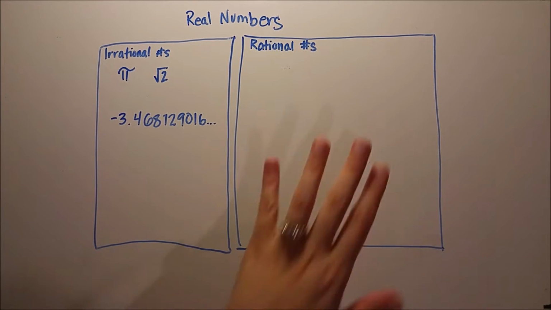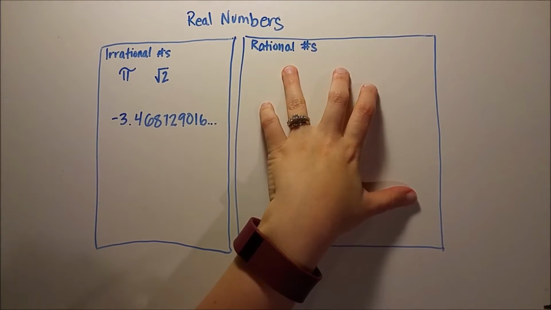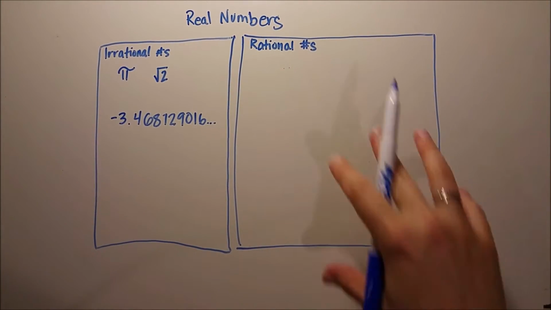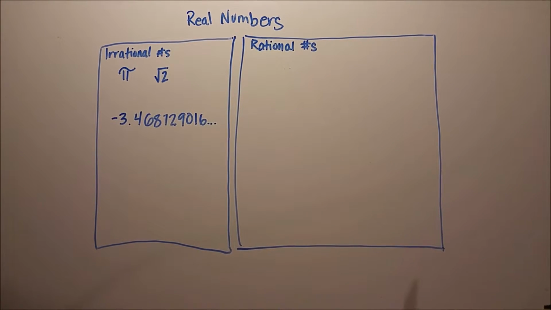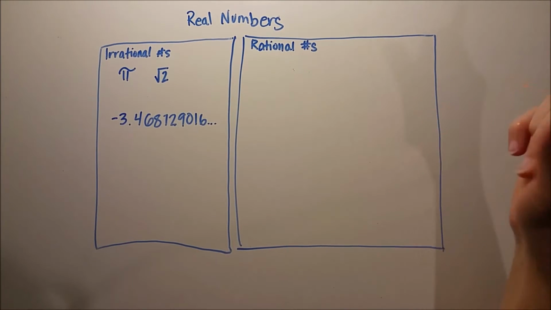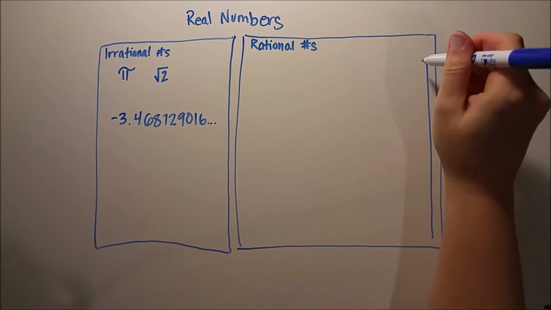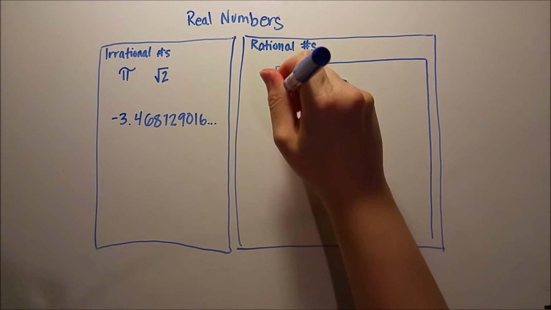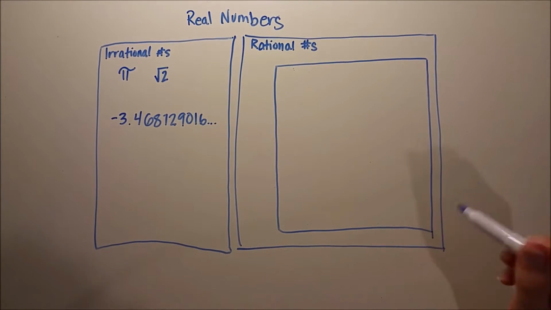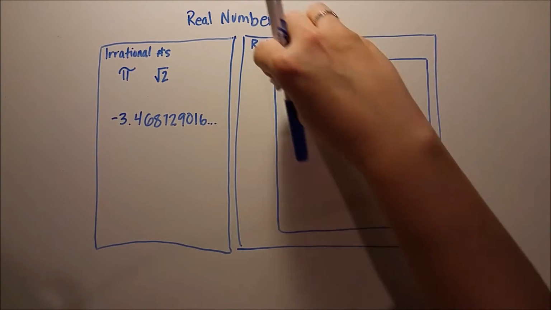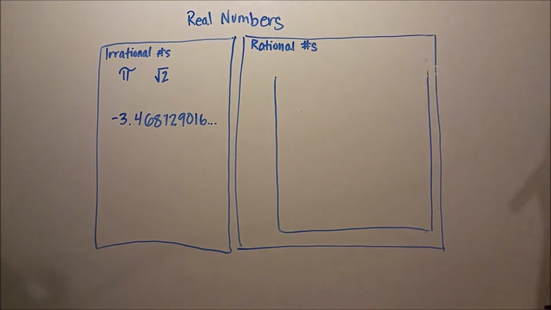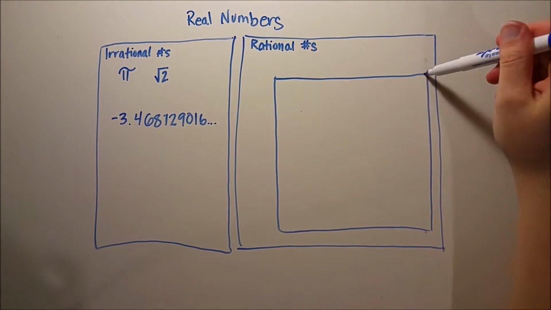Okay, so in our rational numbers group, there are subgroups within here. So a set of rational numbers, I'm going to draw this box inside here because all of these are going to be rationals. Actually, let me make that a little shorter so I have room.